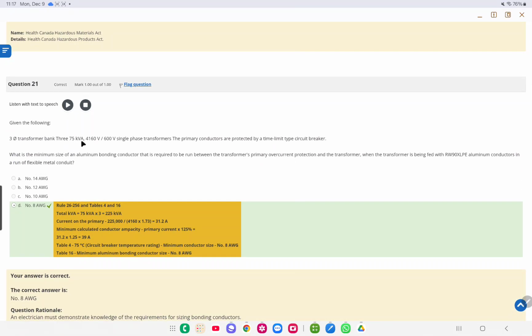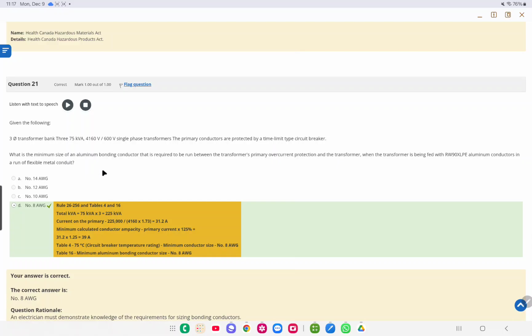Three-phase bank, 375 kVA, 4160 single-phase transformers. The primary conductors are protected by a time limit type circuit breaker. What's the minimum size of aluminum bonding conductor that is required to be run between the transformer's primary overcurrent protection and the transformer when the transformer is being fed with RW90XLP aluminum conductors in a run of flexible metal conduit?